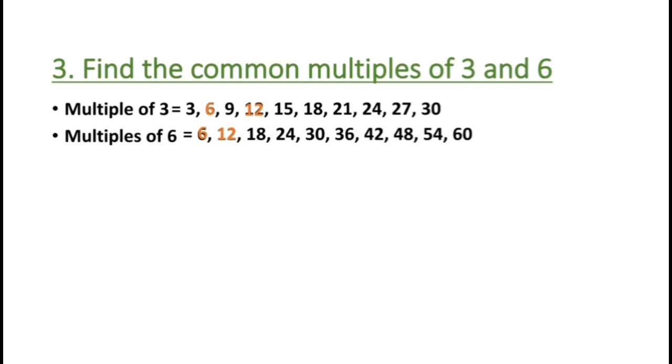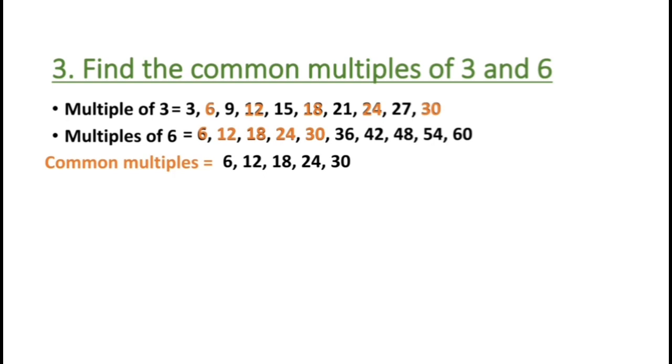Then 18. Do we have 18 in the multiples of 6? Yes, we have. Then which number is common? 24. Then 30. These are the common multiples: 6, 12, 18, 24, 30.